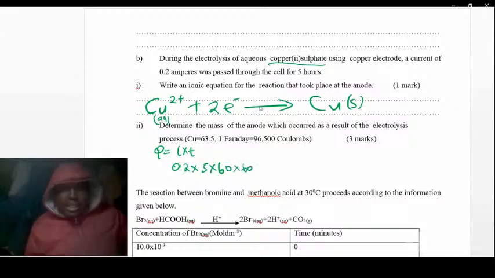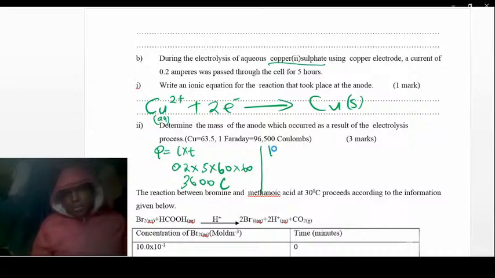When calculating this, time must be in seconds. So when you multiply this, you get 600 coulombs.